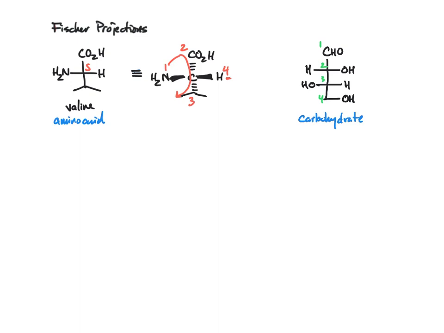So you have 1, 2, 3. Why? Oh, because it's got an oxygen. Were you counting that as 1? No, I was counting that as 3. Oh, this is 3. Yeah.